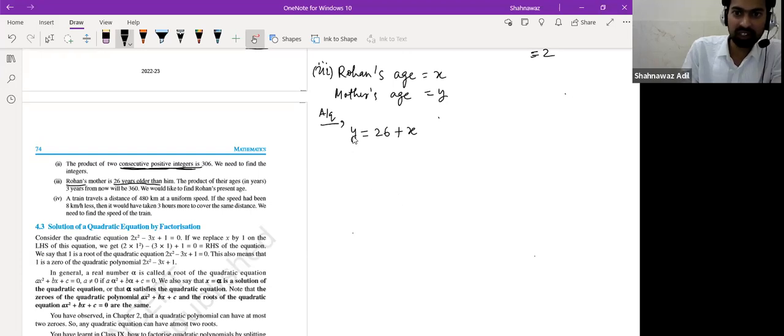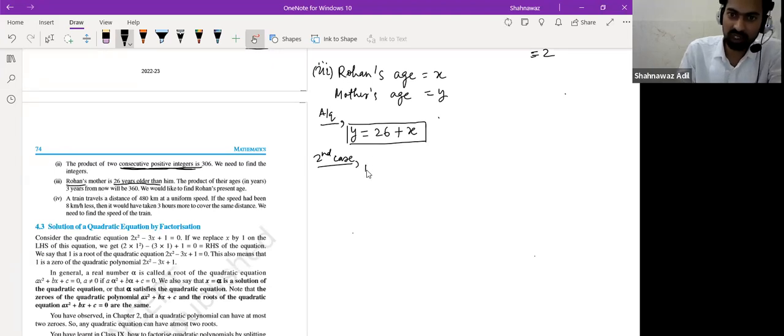So this is the first piece of information. And in the next part, what are they telling us to do? 3 years from now. So let us calculate Rohan's age 3 years from now.